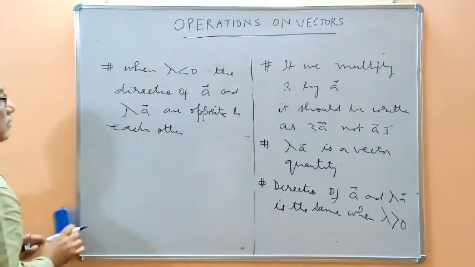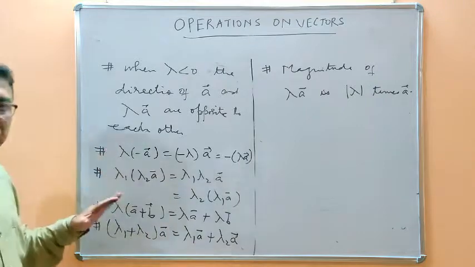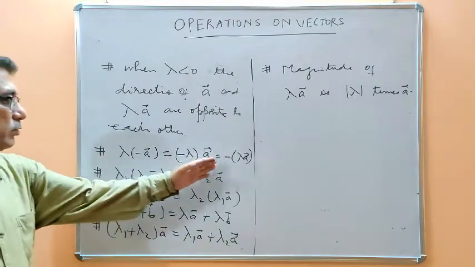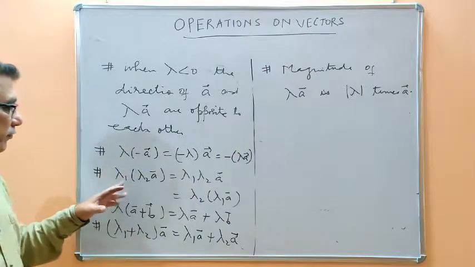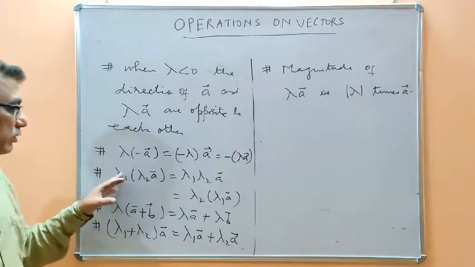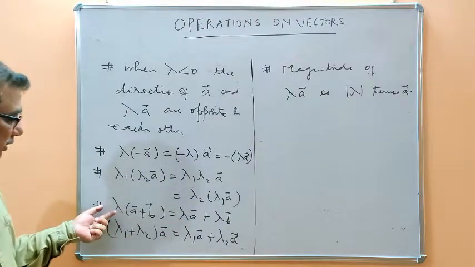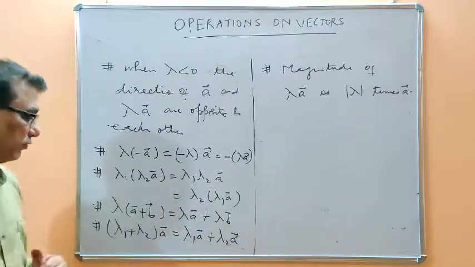Okay. Next, I have written other properties also. Lambda into minus A is equal to minus lambda into A. That means we can multiply in any order. Similarly, if a vector is multiplied by two scalars, then this is how the product behaves. Then if lambda is multiplied with the sum of two vectors, that will be the result.